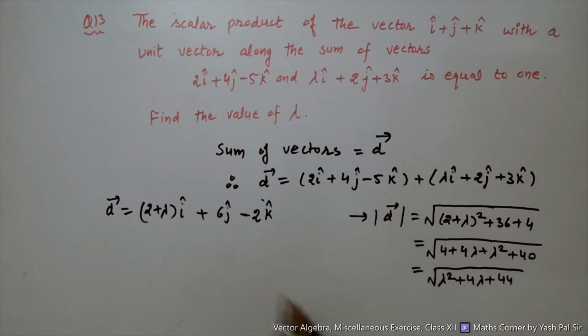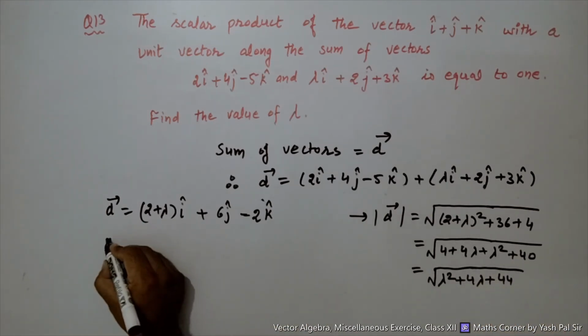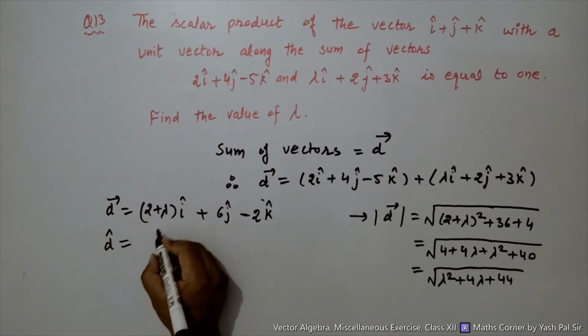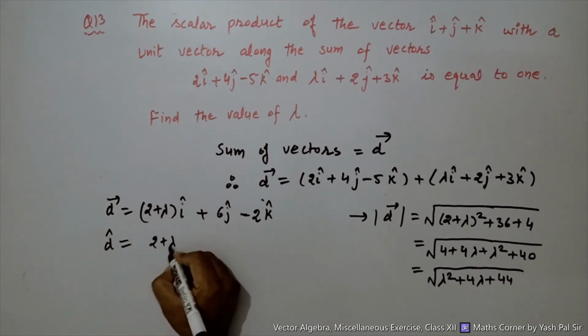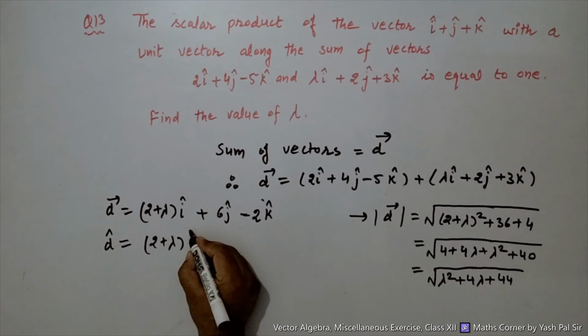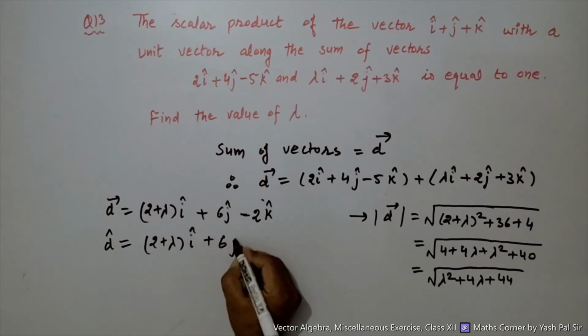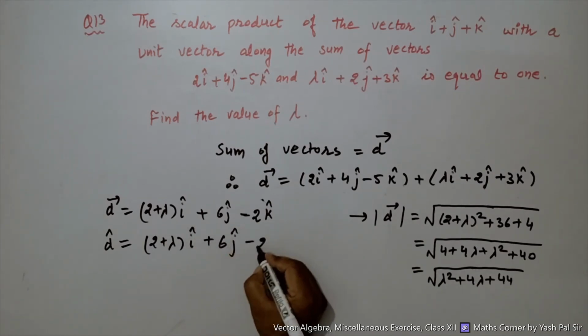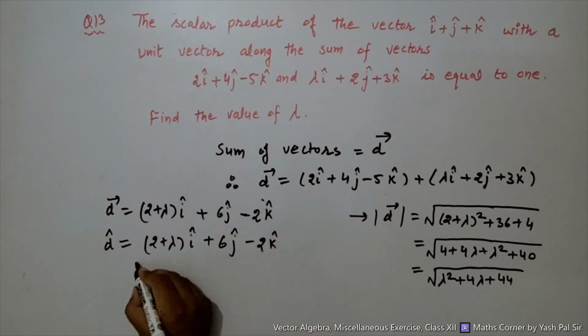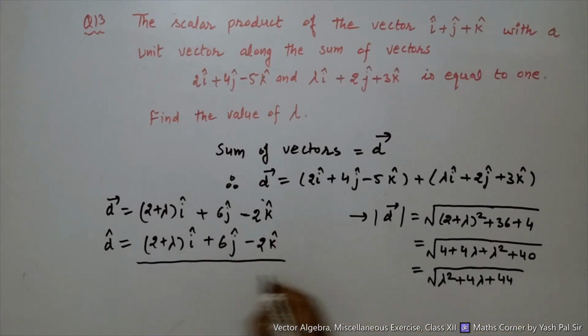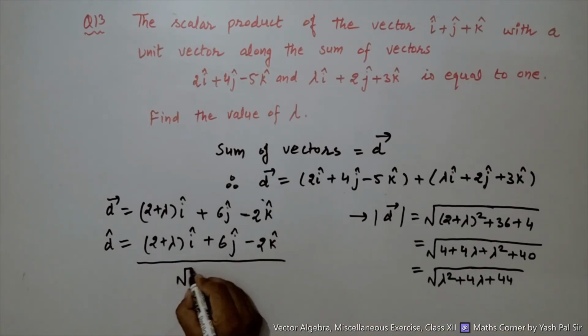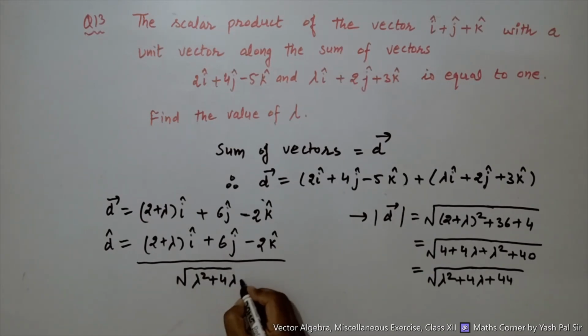So this way D unit vector becomes 2 plus lambda i cap plus 6j minus 2k, whole divided by this magnitude, square root of lambda square plus 4 lambda plus 44.